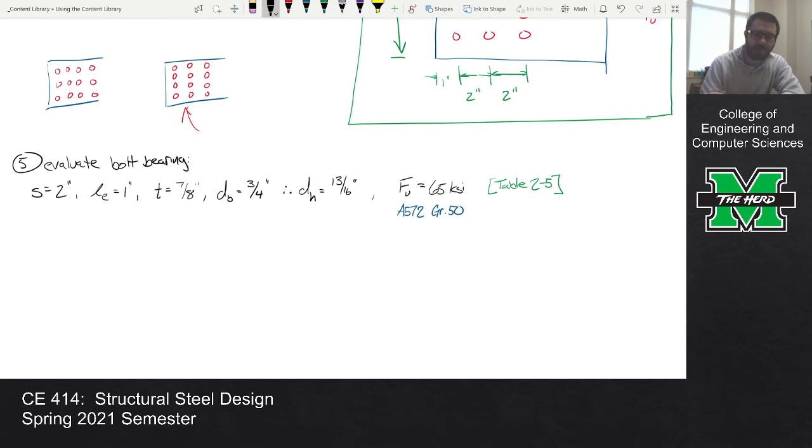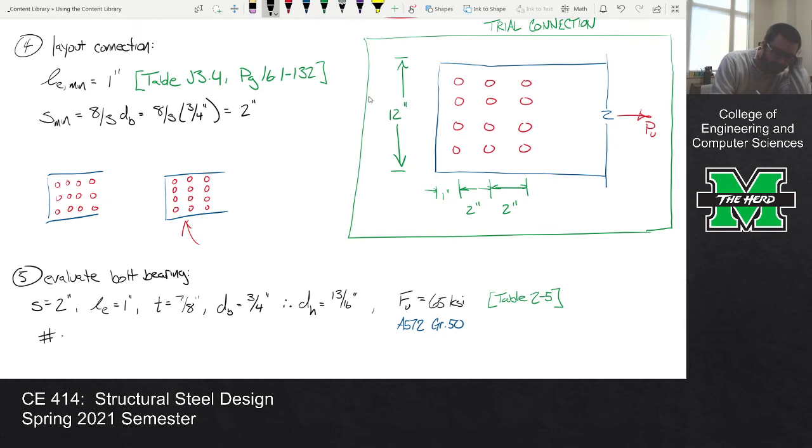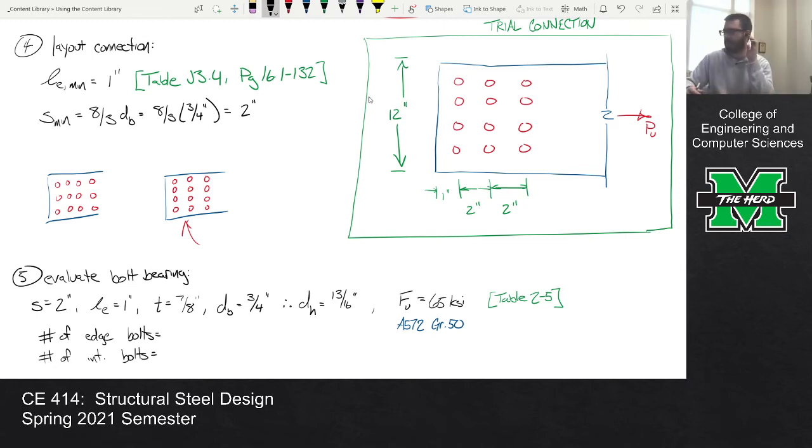Okay. Other thing I want to make sure that everybody's clear on for our trial connection, what are the number of edge bolts and the number of interior bolts? How many edge bolts do we have? Just to make sure we're clear on that.